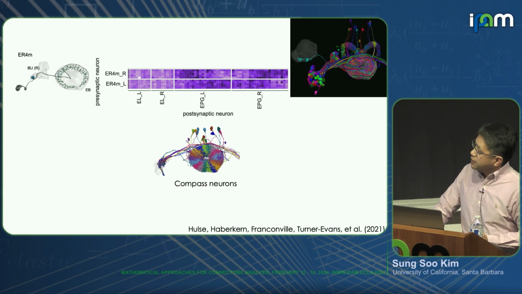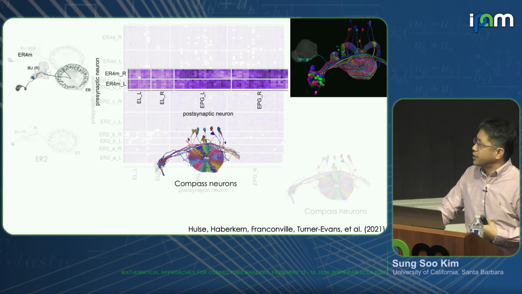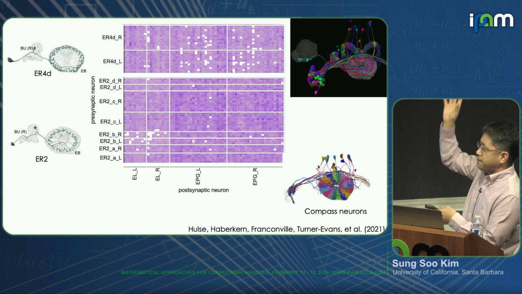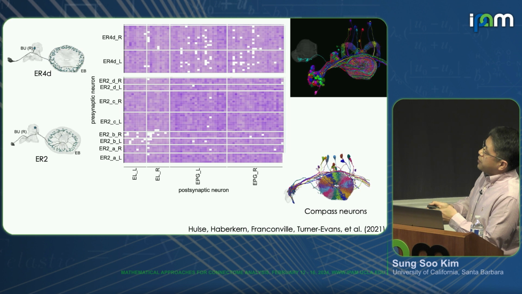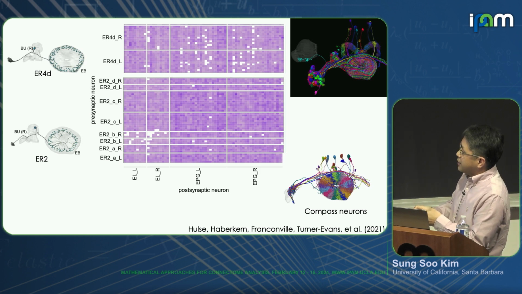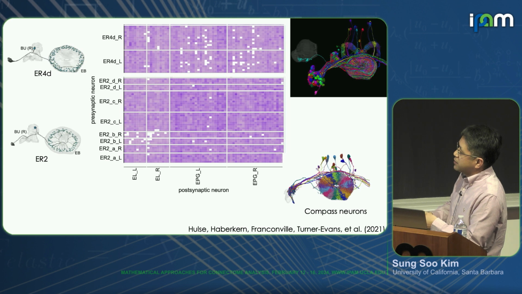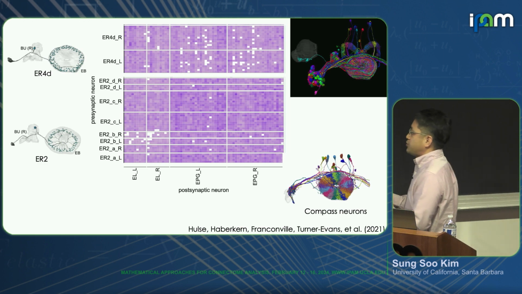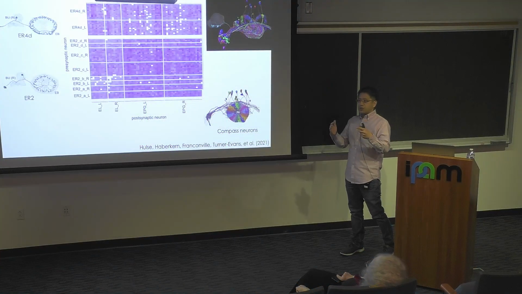But the story is very different for ER4D and ER2 neurons. So these ER4D neurons that are sensitive to vertical stripes have an almost uniform connection to the entire population of EPG neurons or compass neurons. ER2 neurons have the same kind of property, meaning that this population encoding two-dimensional organization has uniform connection to the compass neurons, which poses a problem because compass neurons encode the body orientation, right?